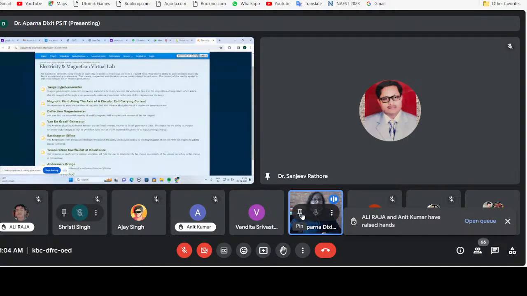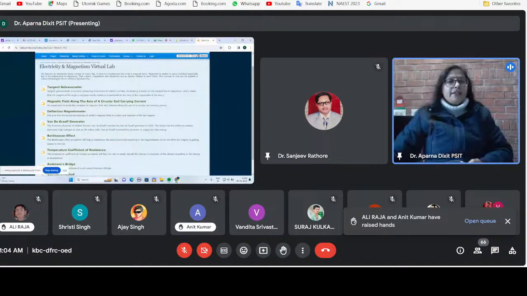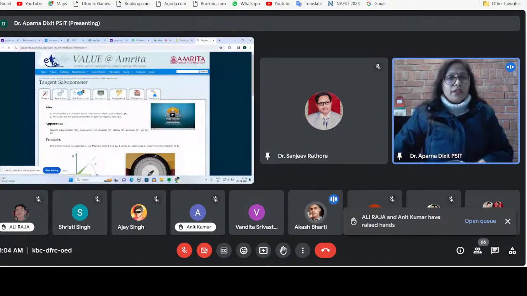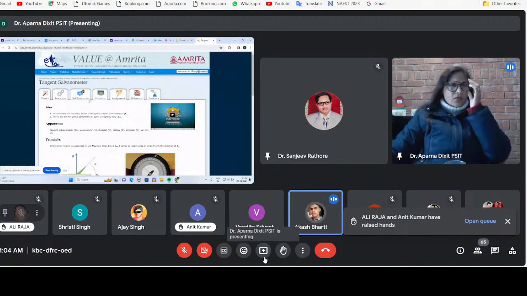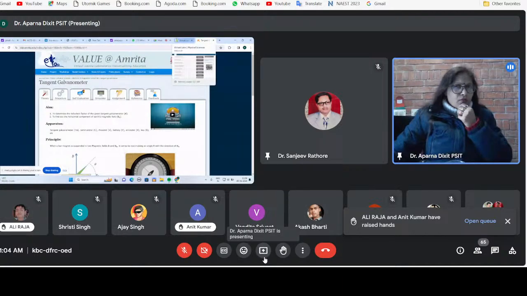Today we are going to perform another experiment, that is the tangent galvanometer. So yesterday, I would like to ask one question. I gave you some assignment yesterday. Have you completed it?